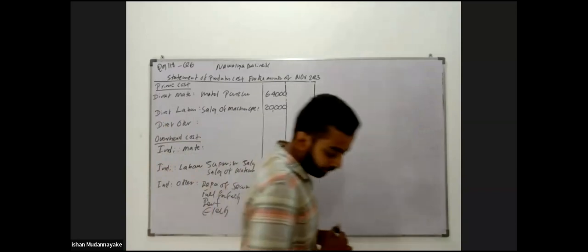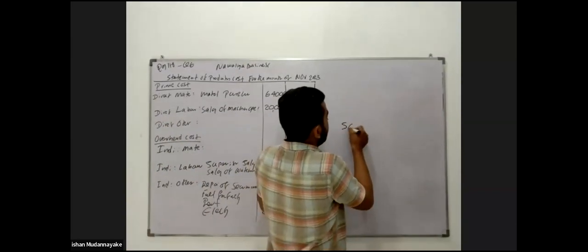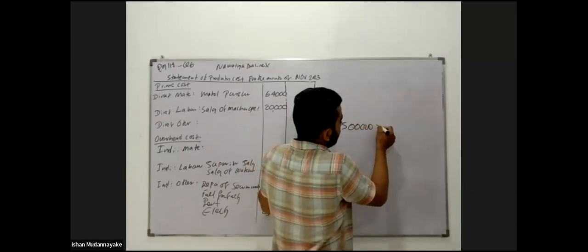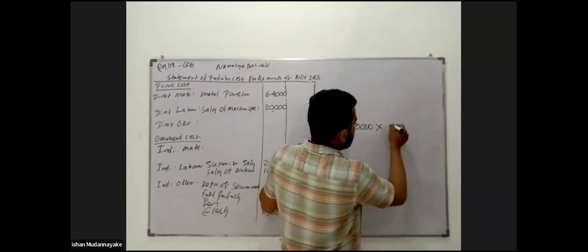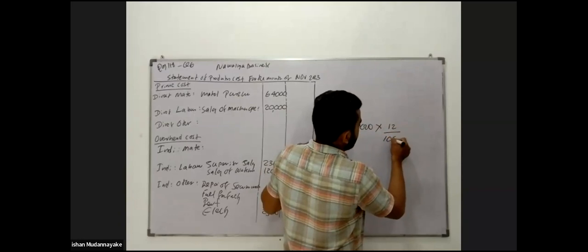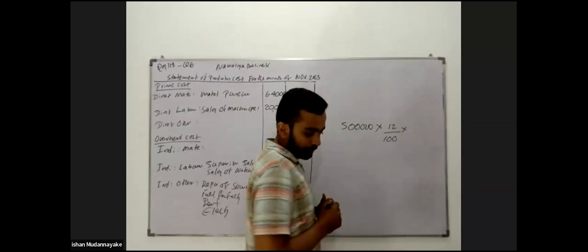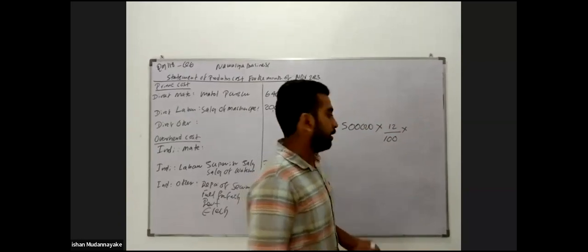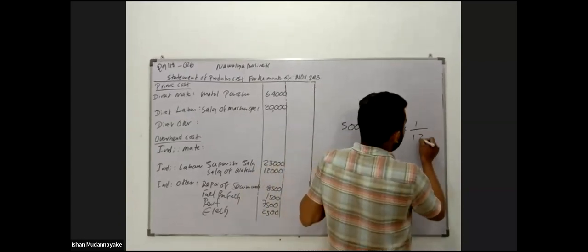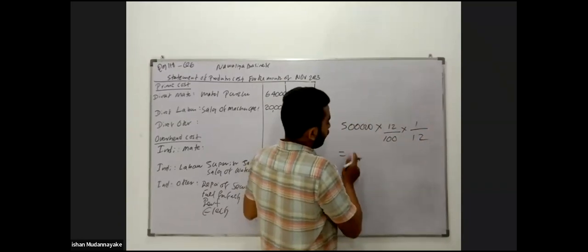Monthly depreciation. Here, the sewing machine value is 500,000. Annual depreciation rate is 12%, and then 12% times 1 over 12.